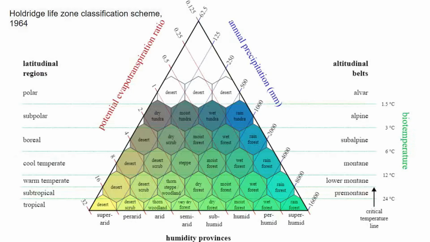When we do that, we can use a few different methodologies. The first one, put out in the 1960s by Holdridge, was this life zone classification scheme. It is not the one we're going to be using. I just wanted to show you how it takes into effect different altitudes, humidities, and also what they called latitudinal regions.